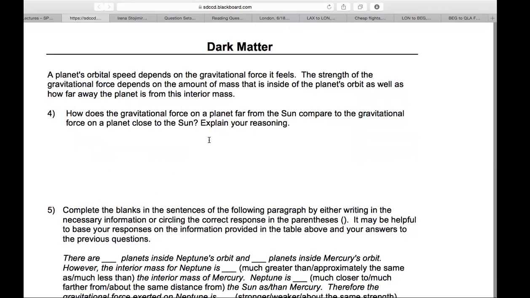The point is for this to click in your brain: the speed of a planet in the solar system depends on the amount of the force of gravity that it feels. Now, the force of gravity depends on what? Mass. Mass of the sun, mass of the planet, and then what else? The distance. Okay, very good. So then question 4, what is the answer?